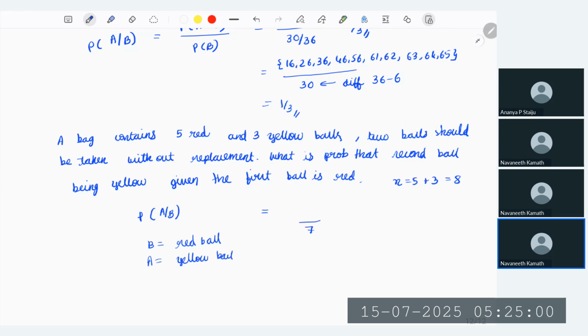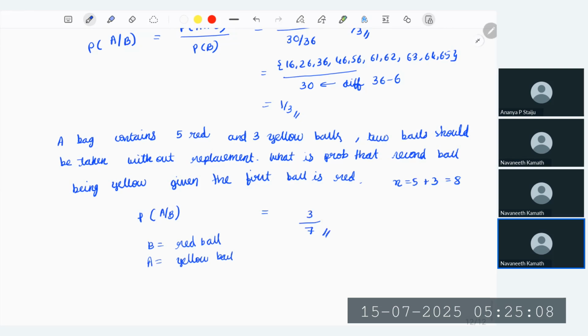Among 7, how many yellow balls? 3. So the answer is 3 among 7. That's it. Since we know the first ball taken out is red, the probability that the second ball is yellow is 3 among 7.